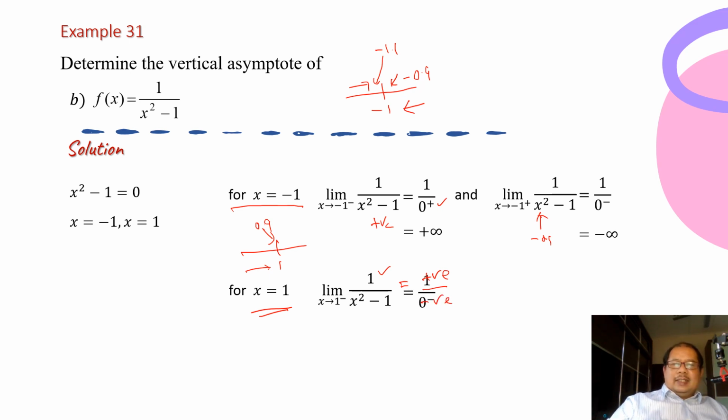Maka jawapan dia ialah negative infinity. And then limit x approaches 1 from the right. So we can test 1.1. 1.1 squared is greater than 1, minus 1 is positive. So the answer is positive infinity.